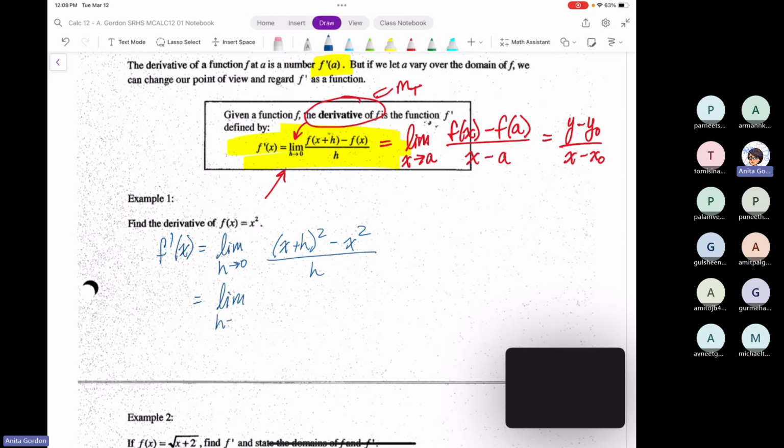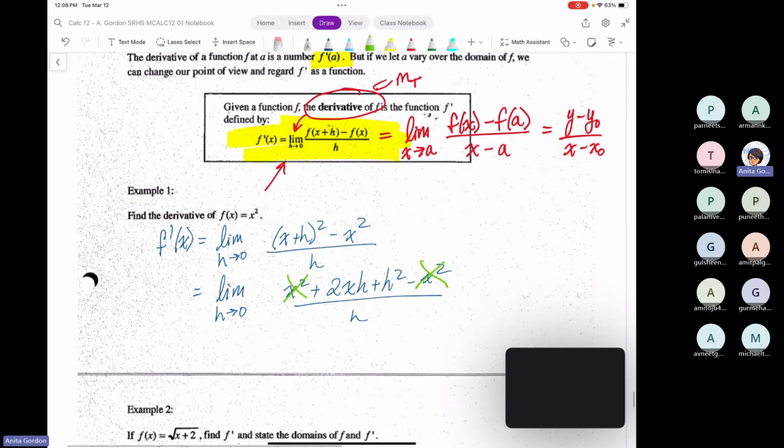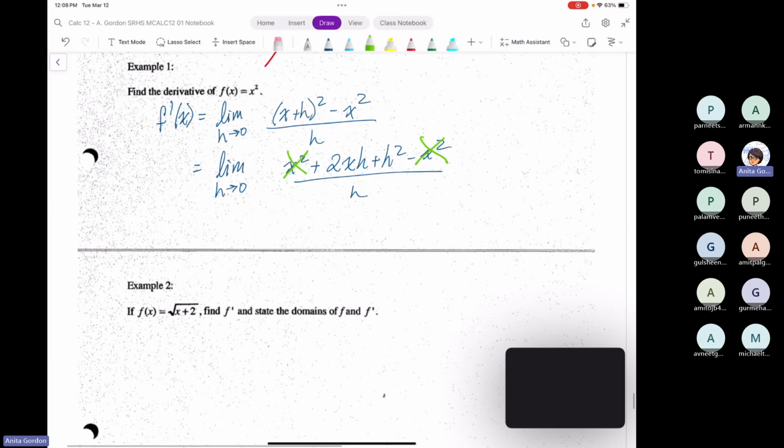So the limit as h goes to 0 of x squared, so I'm just expanding that bracket to x squared plus 2xh plus h squared minus x squared all over h. I collect like terms. I see a positive x squared, I see a negative x squared, they cancel out. I see an h in all the leftover terms, so this cancels, this goes down by a degree.